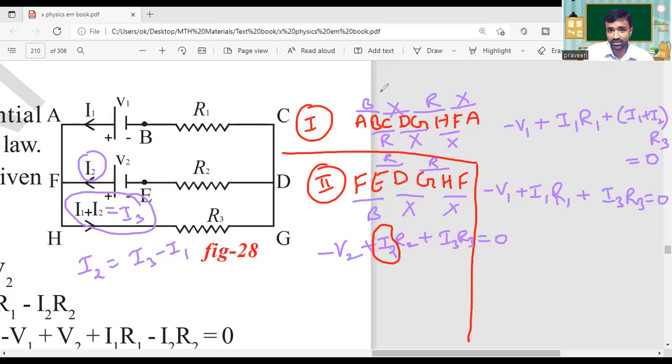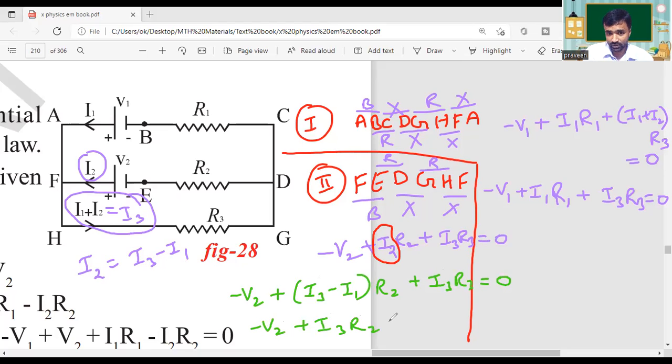Your equation now changes as follows: minus V2 plus (I3 minus I1) times R2 plus I3 R3 equal to 0. Then you will get minus V2 plus I3 R2 minus I1 R2 plus I3 R3.